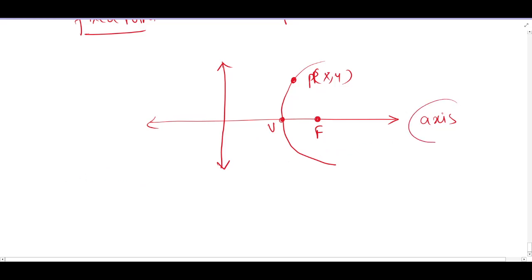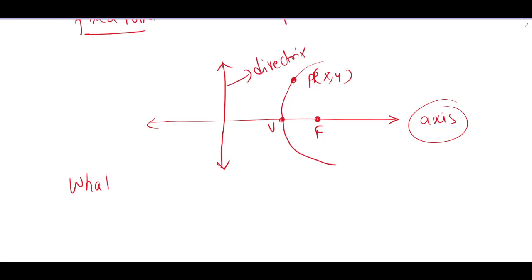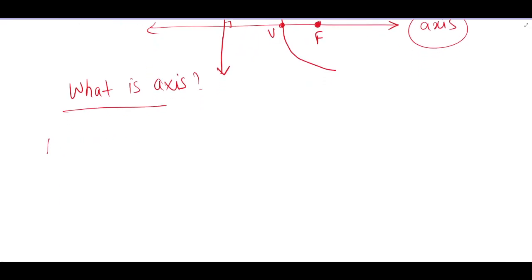So what is the axis? The line through the focus and perpendicular to the directrix is called the axis of a parabola.